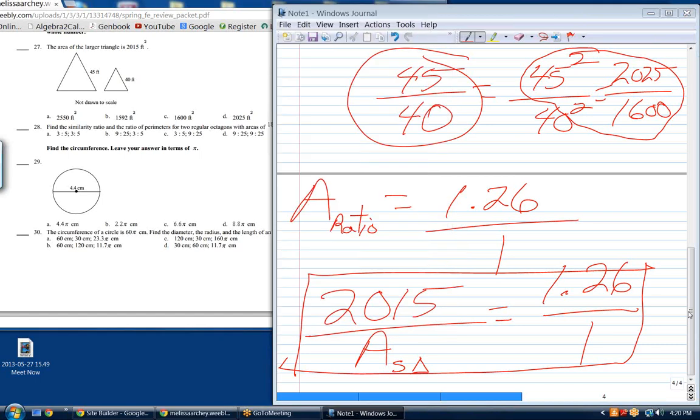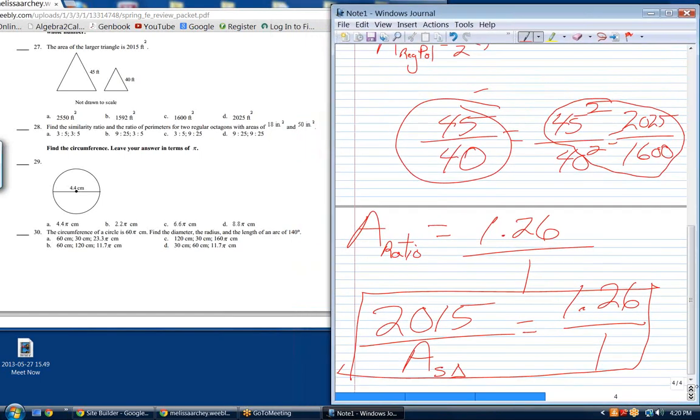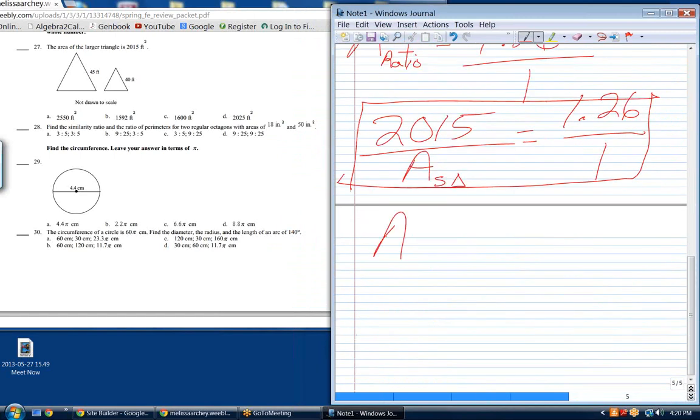So what's the area ratio of the big to the little? Well, it says 18 squared, so would you square it? No, it doesn't say 18 squared. It says square inches. That 2 does not apply to that 18.